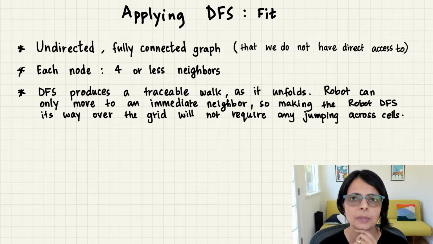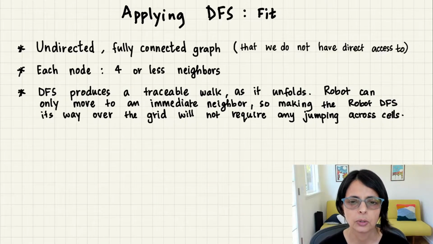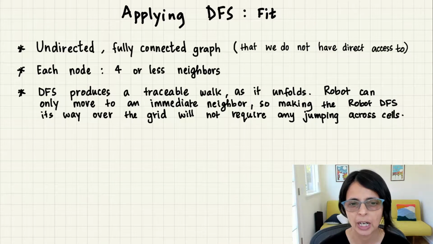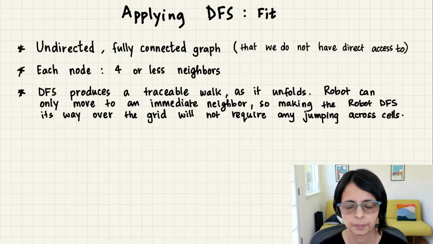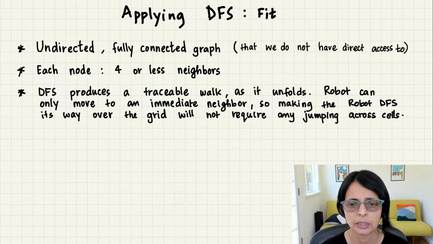If this is something that is confusing to you, you might consider watching my other video called DFS Deconstructed, which is also a part of this series. In fact, it's the one that I did just before this particular one on the robot. There we talk a little bit more about this traceable walk business. So this particular attribute of DFS does make it an interesting enough fit to try.